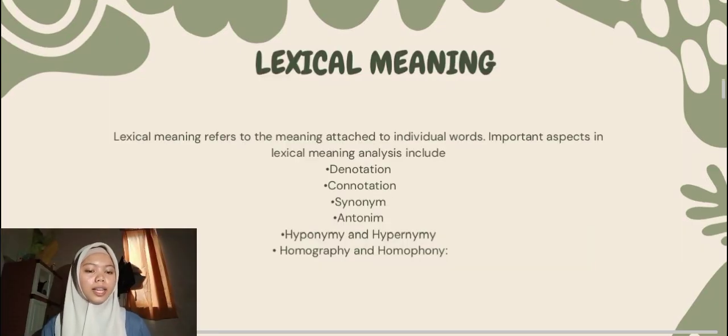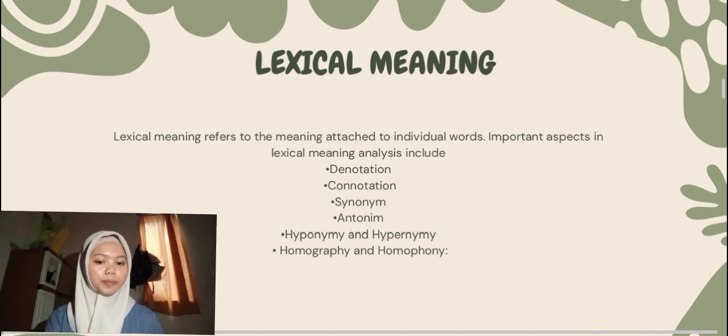Next slide, lexical meaning. Lexical meaning refers to the meaning attached to individual words. Important aspects in lexical meaning analysis include denotation, connotation, synonym, antonym, hyponym, and homograph and homophone. Denotation: the literal or referential meaning of a word.